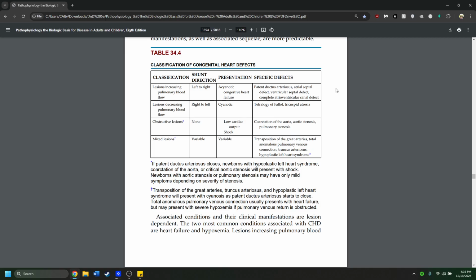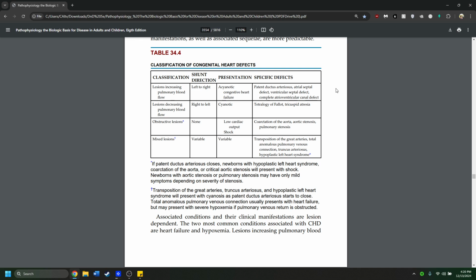And the specific defects are the patent ductus arteriosus, atrial septal defect, ventricular septal defect, and a complete atrioventricular canal defect. Lesions decreasing pulmonary blood flow, right to left, you are cyanotic, and the specific defects are tetralogy of Fallot and tricuspid atresia.